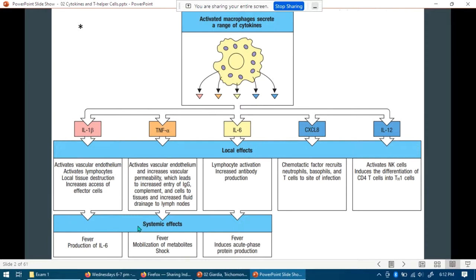But it also has a few protective effects as long as it doesn't go overboard. For example, it can induce fever. So IL-1 circulates through the blood all the way until it reaches the brain. And the brain has the hypothalamus, which is the major control point for a lot of homeostatic functions, right? IL-1 is going to act on hypothalamus cells and cause them to secrete an eicosanoid called prostaglandin E2.